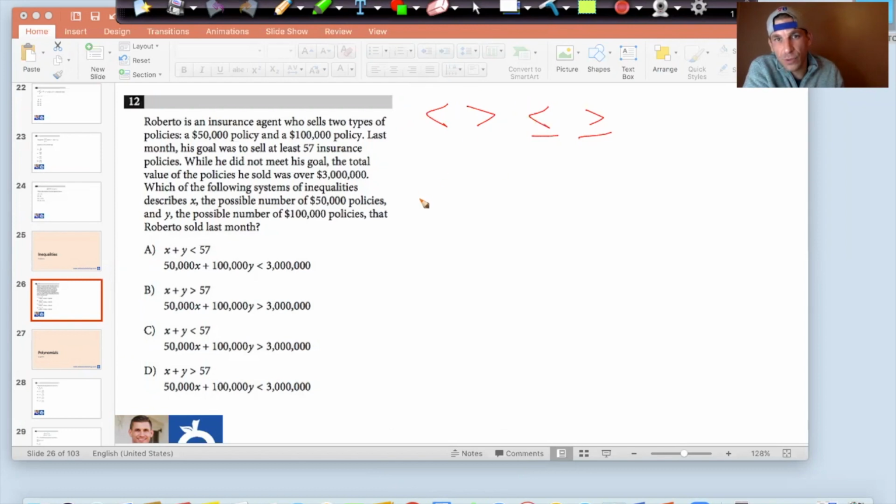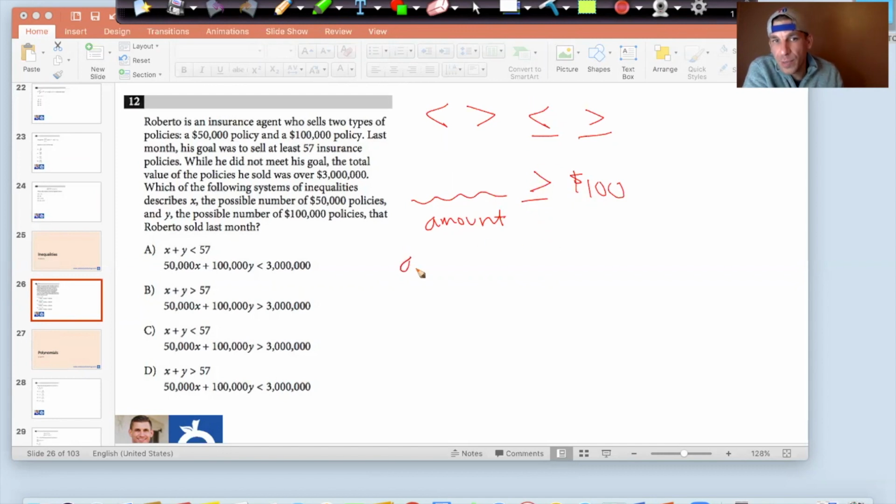So remember, if the open side is pointing to this, and let's come up with a random number, let's say 100, it means your values are going to be greater than 100. If your values are greater than or equal to 100, then you're going to draw this little line here. That's what the greater than or equal to is going to signify.